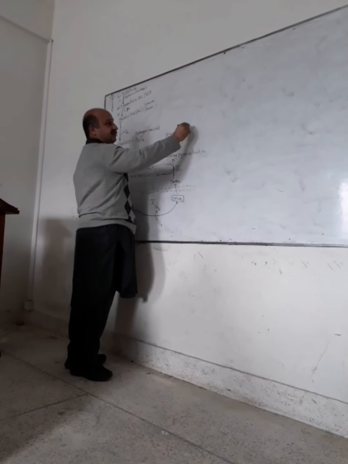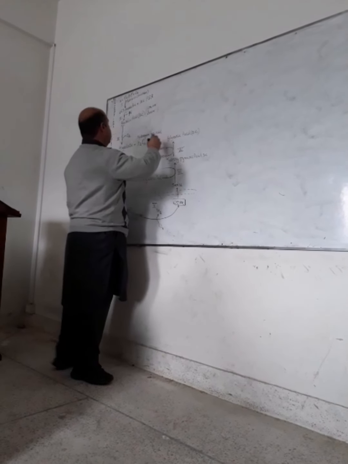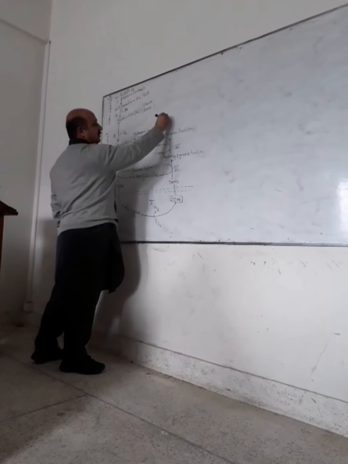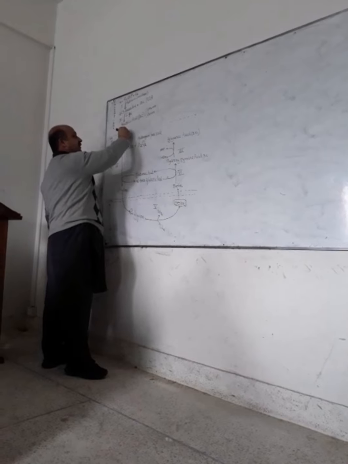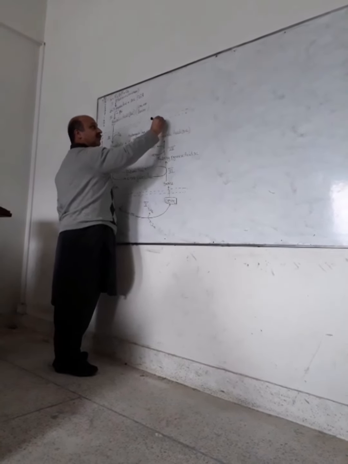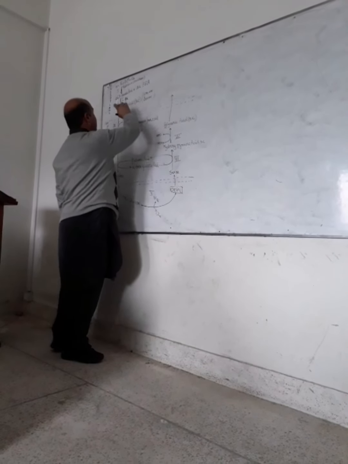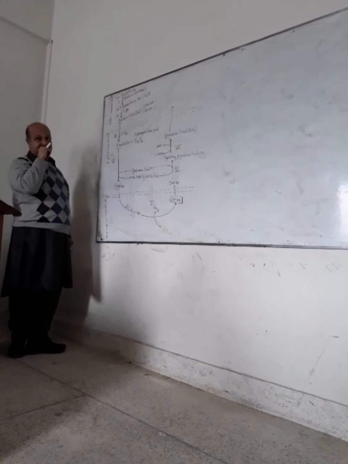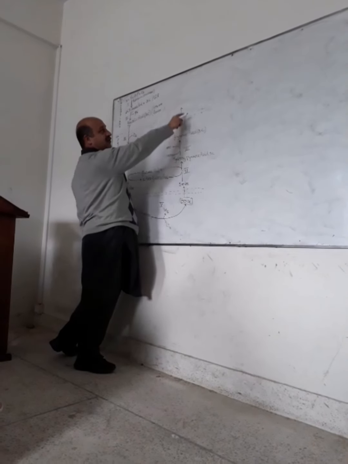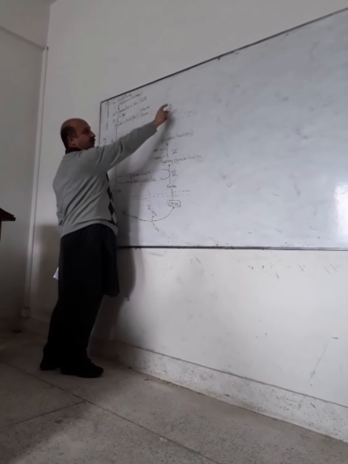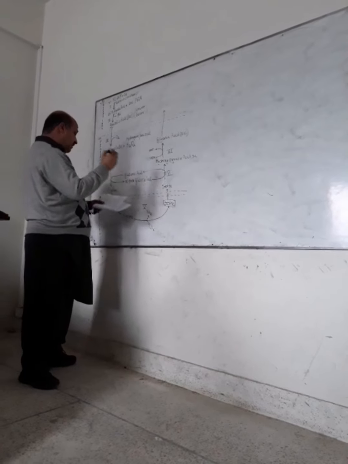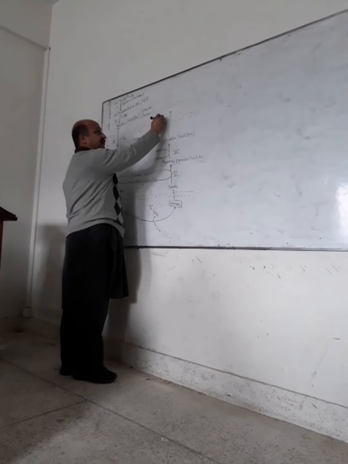Glyceric acid, also a 3-carbon compound. Now the glyceric acid will enter back to the chloroplast via the cytoplasm, from the peroxisome to the chloroplast through the cytoplasm, and react with ATP there.